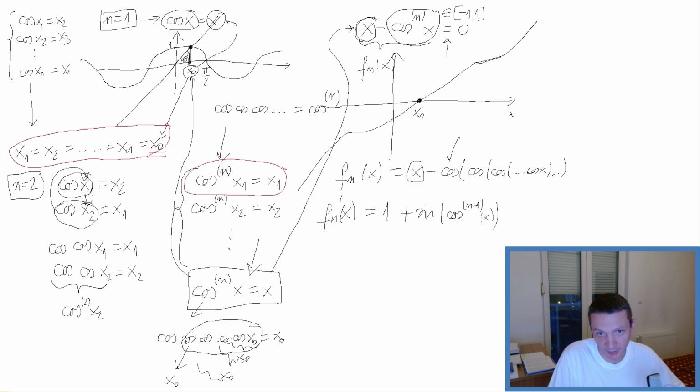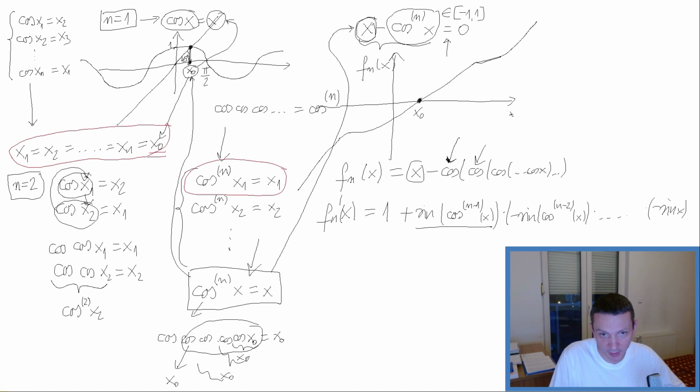So this is the derivative of this first cosine, then the derivative of the second cosine is minus sine of cosine n minus 2 times of x, and so on, and finally the last cosine will have derivative minus sine of x.